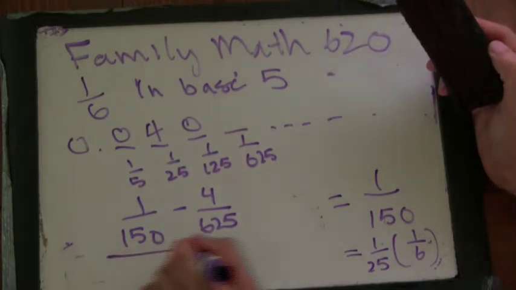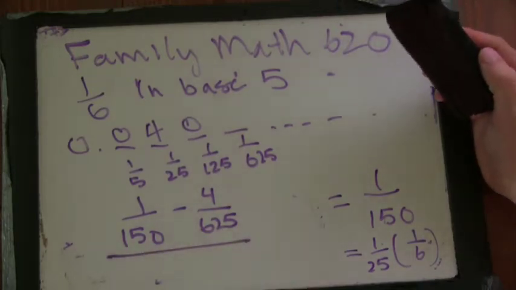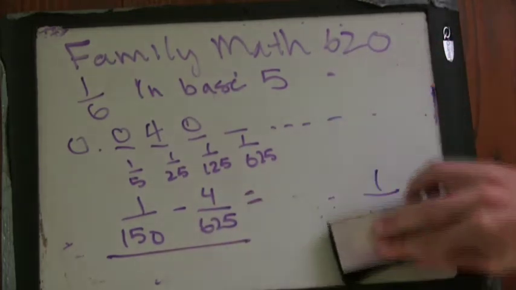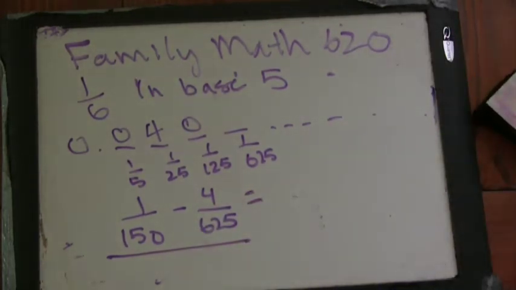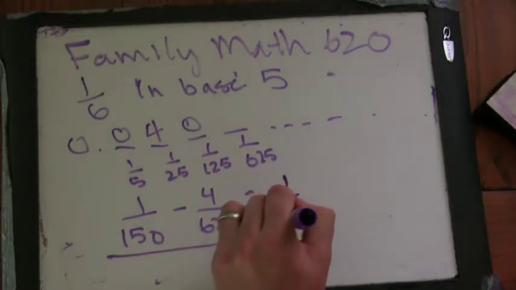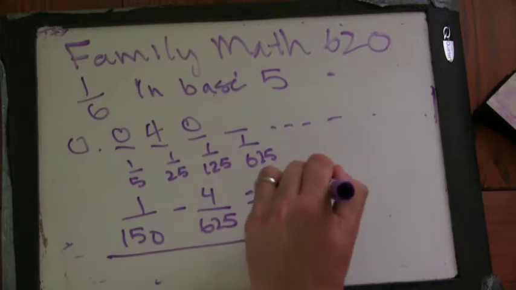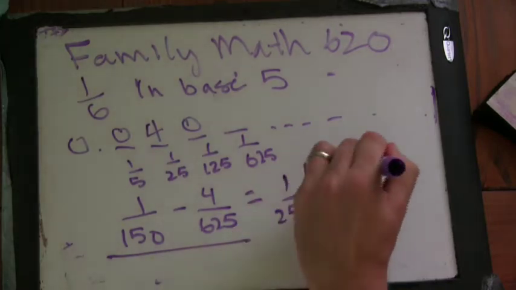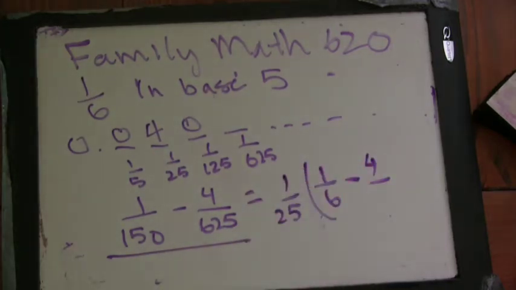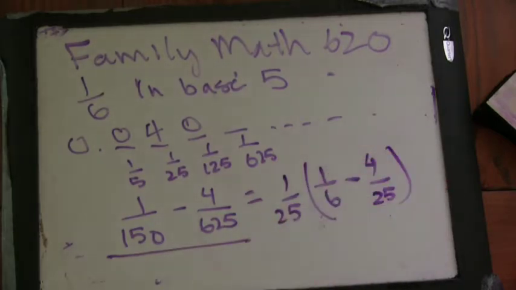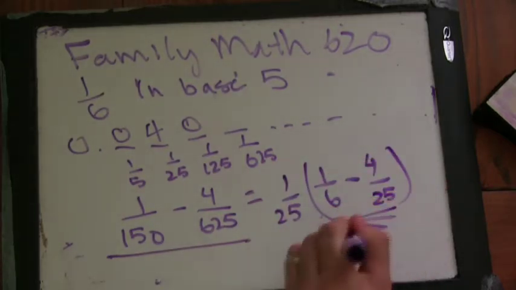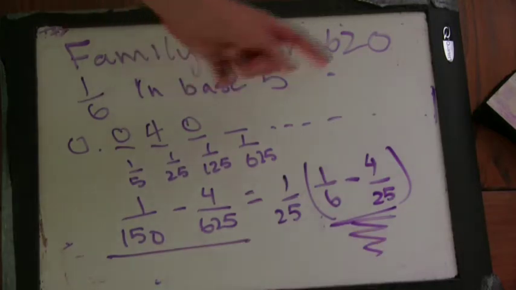Now, what can I take out of the 150 and the 625? You can take out a 25. So I get 1/25 times 1/6 minus 4 over 25. That's what we found before, so it'll run in a loop again.